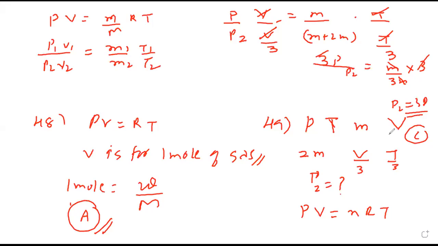It's different. 1 gram molecule means 1 gram. So 1 gram molecule of gas means molecule of gas which is 1 gram. This is the meaning.